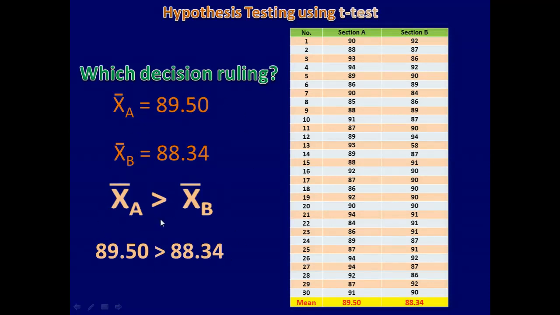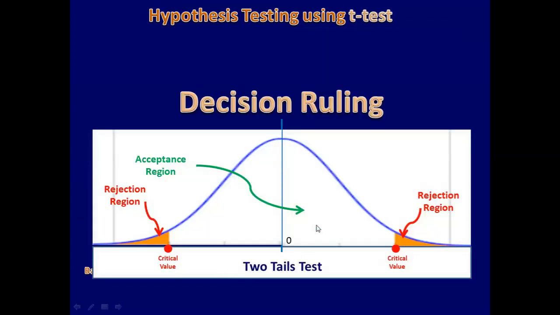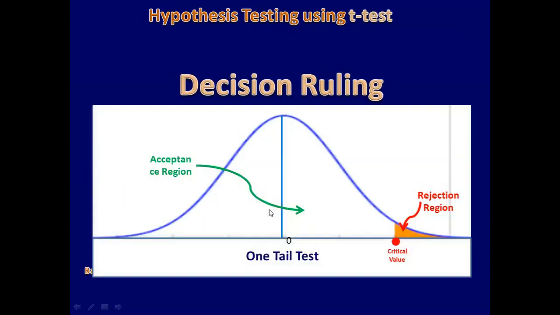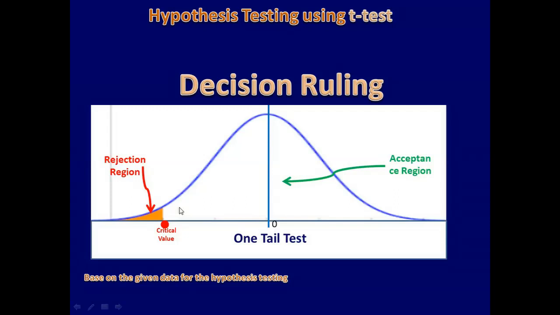If you can recall, this algebraic expression is indicating that the mean of A, which is 89.50, is greater than the mean of section B. So from here, we can determine which of these, the tail to the right or the tail to the left.